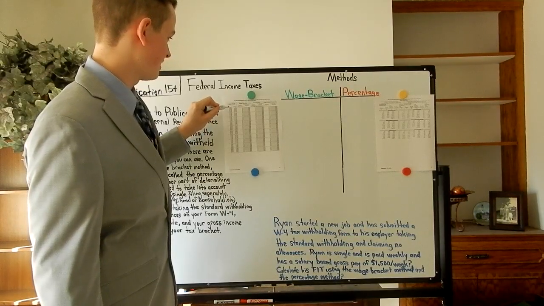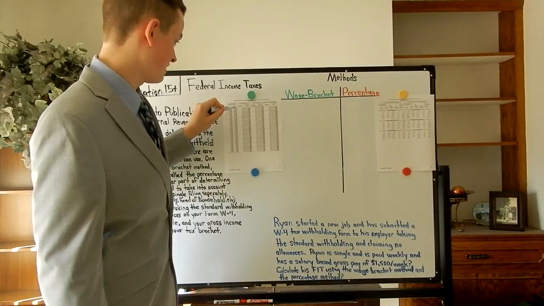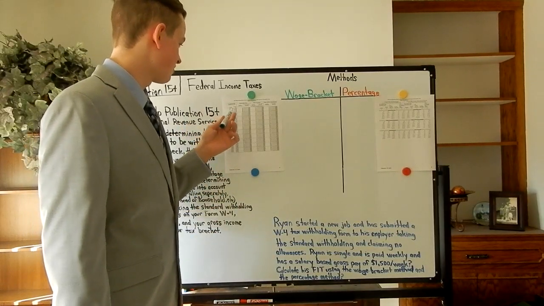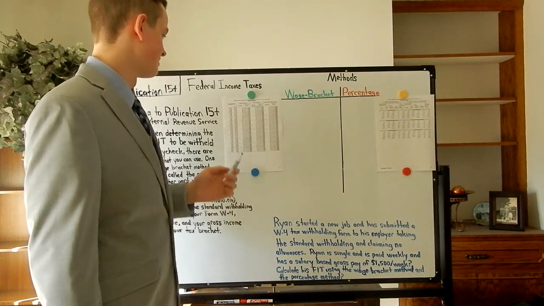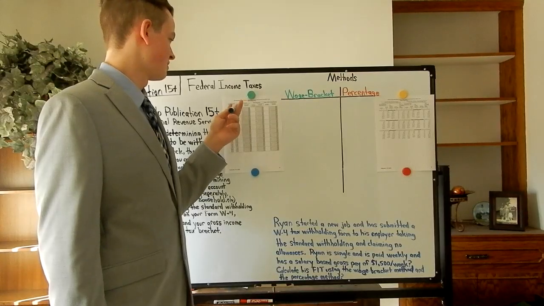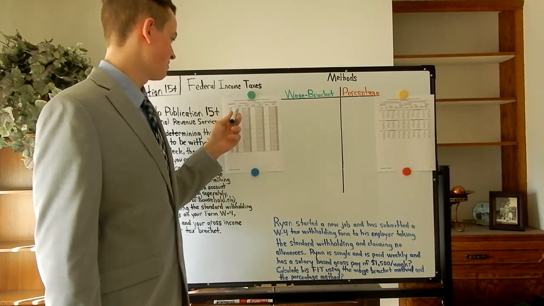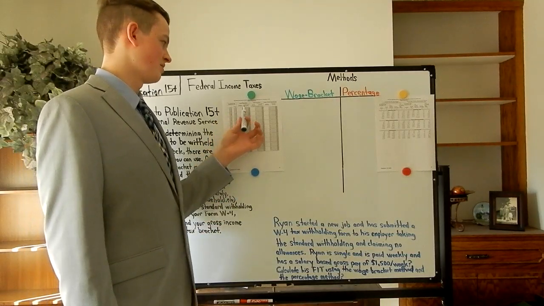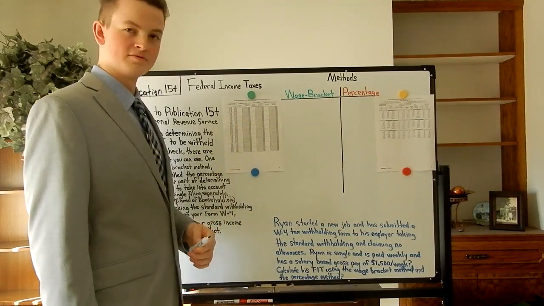So this is the at least column, and then the but less than column. And then across it, you have the tentative withholding amount. Under each of these three filing statuses, you have the standard withholding, or if you're claiming allowances on your W-4, you use this one.